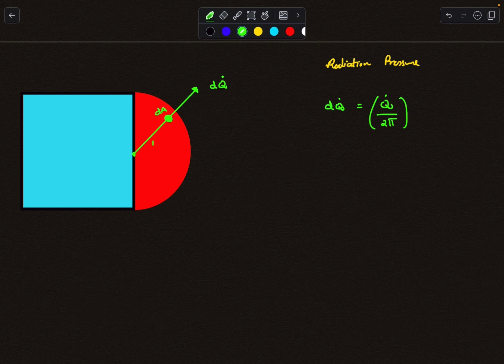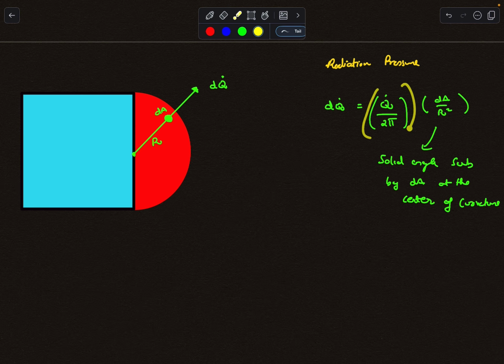This distance from the center of the hemisphere is r. So we know that the solid angle subtended by the small element dA is dA divided by r squared. So if I multiply dA divided by r squared over here, I'll get the dQ dot. So this is basically the solid angle, and this term over here you could say is the heat transfer rate per unit solid angle. So we now figured out the rate at which heat is radiated by this small dA element.